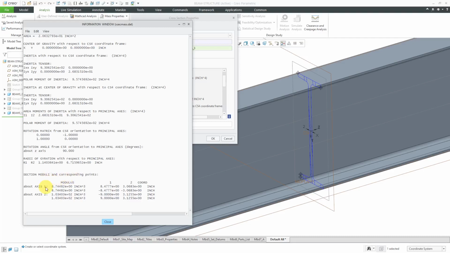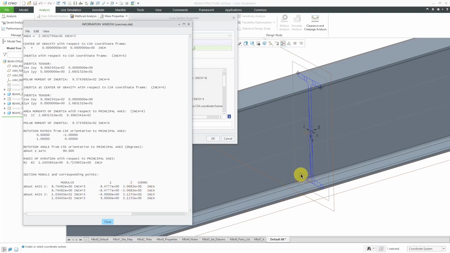For the section moduli about the 1 axis over here, we can see what the modulus values are, and then we can see the points where those are calculated. Here we have a couple of points being used for calculating the modulus. If you take a look at the image, we can see these little target symbols over here. I can see that this particular location is 8 and some change, and then 3 and some change in the 2 direction.